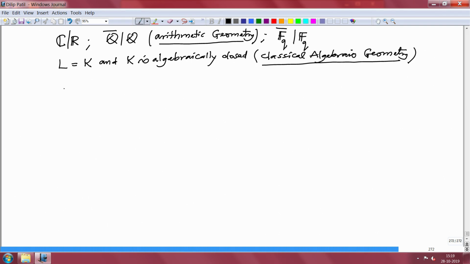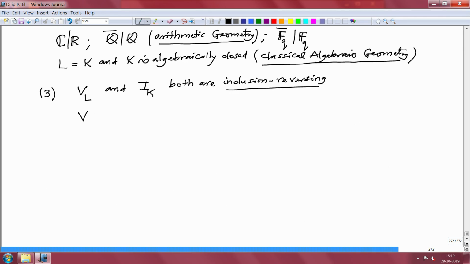Okay. So the third property I want to say is that V_L and I_K both are inclusion reversing. That means what?